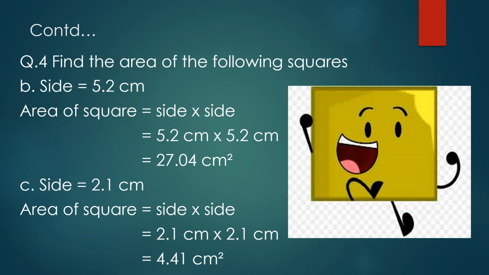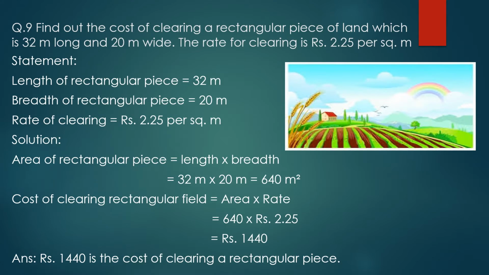Remove the decimal point, multiply 52 into 52, and as the problem has total 2 decimal places, the product should have 2 decimal places, that is 27.04 centimeter square. Now see, side is 2.1 centimeter. Now again the area is 2.1 centimeters into 2.1 centimeters, that is 4.41 centimeter square.